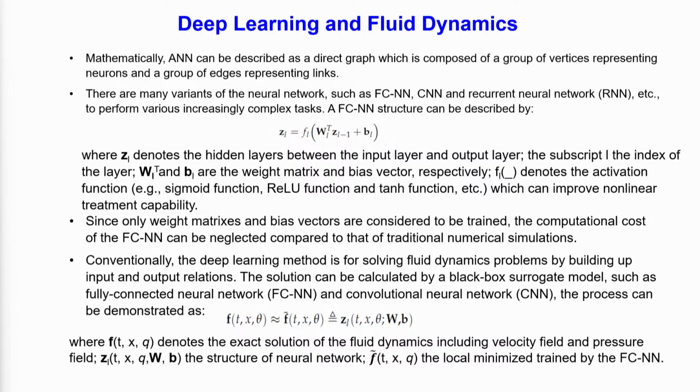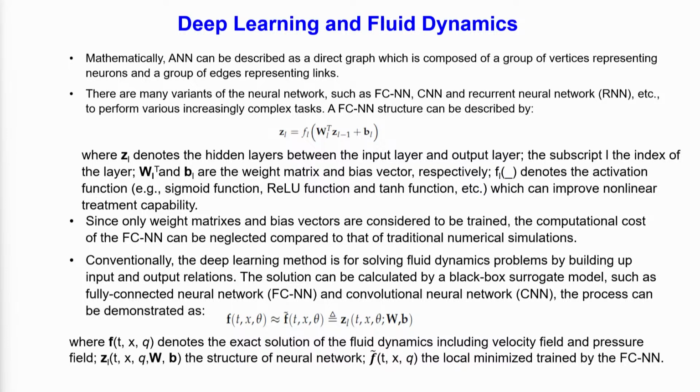So, as we have seen, usually this is represented by ZL, which denotes the hidden layers between the input and the output, and L is the index of that particular layer. It is a function of the weight times ZL minus 1, like a recursive thing, plus the B, which is your bias function.